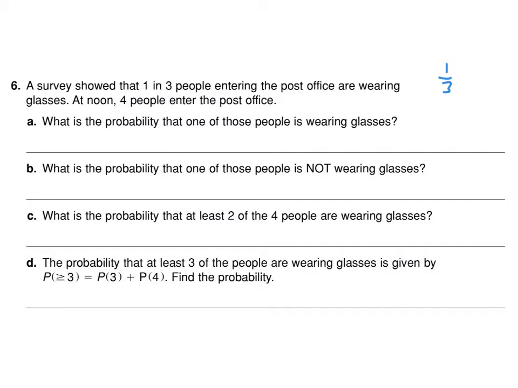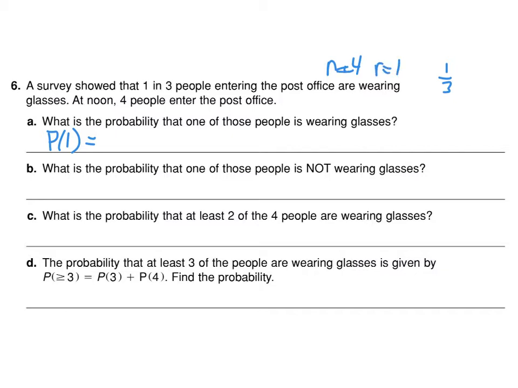So we want to do a P1 here, the probability that if we picked one person out of the 4, they'd be wearing glasses. There are 4 people, so n is 4, and r is 1 for this problem.